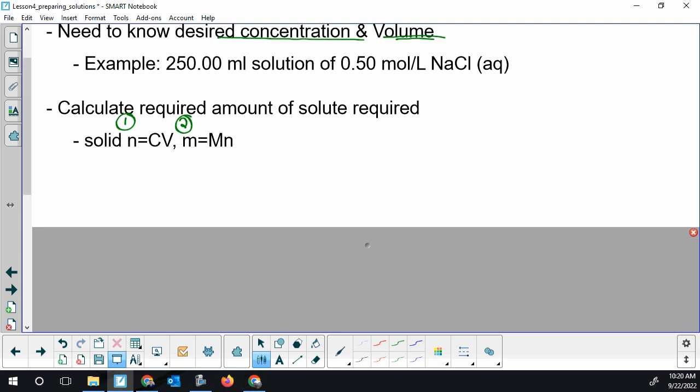I'm going to run through that calculation. First, we want to know the moles: concentration times volume. We want half a mole per liter. And we just have to watch our units. We need to use volume units.